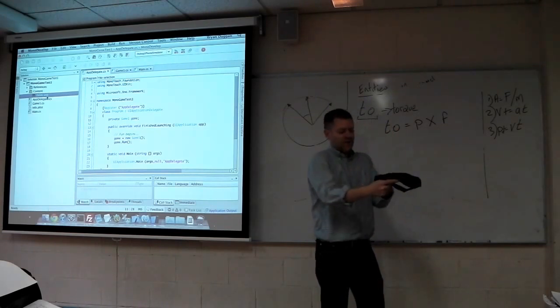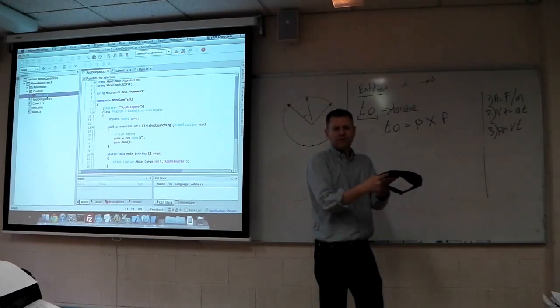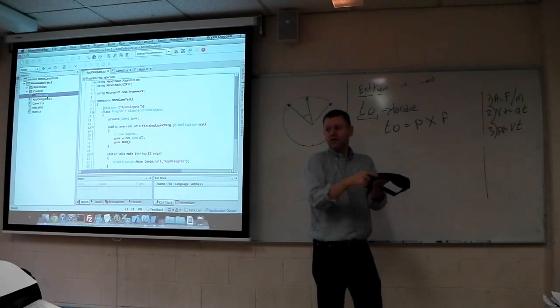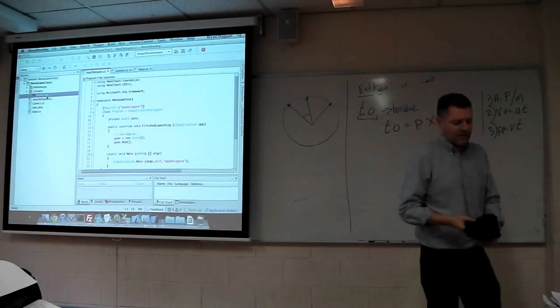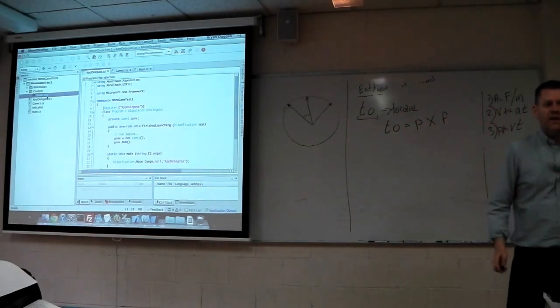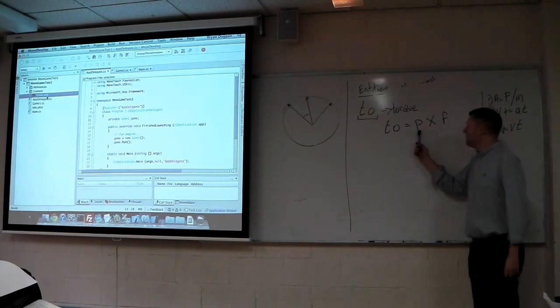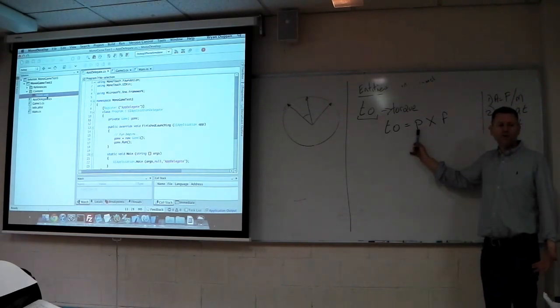Let's imagine that instead of applying it here on the object, I apply it very close to the center of mass. What's going to happen? I apply the same amount of force, but what happens? Does it rotate as much? No. Okay, so the closer you are to the object's center of mass, the less rotation is applied. And that's what this equation actually captures. Can you see that? So in other words, if you're right at the center of mass, then the amount of torque is going to be 0, right?